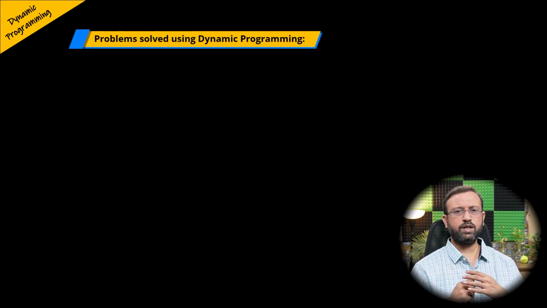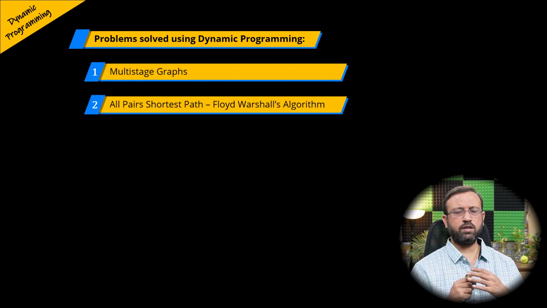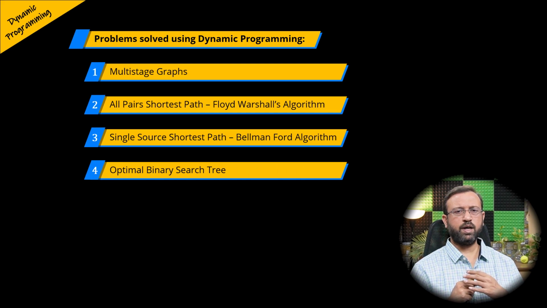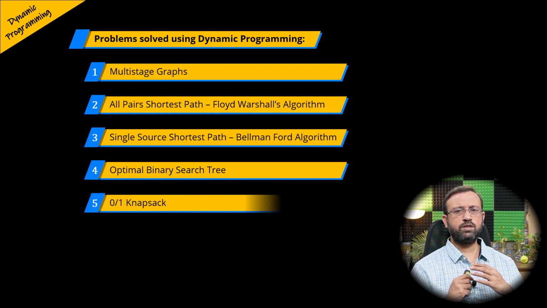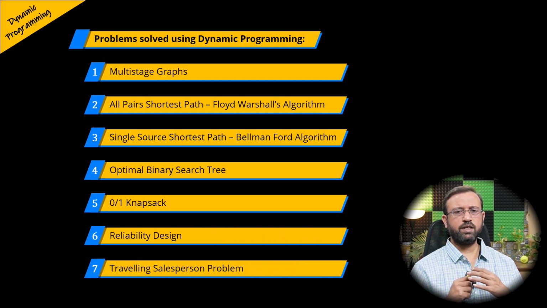Now, some of the problems that can be solved using the dynamic programming strategy are multi-stage graphs, all pairs shortest path, also known as Floyd-Warshall's algorithm, single source shortest path, also known as Bellman-Ford algorithm, optimal binary search trees, 0-1 knapsack problem, reliability design problem, and the traveling salesman problem.